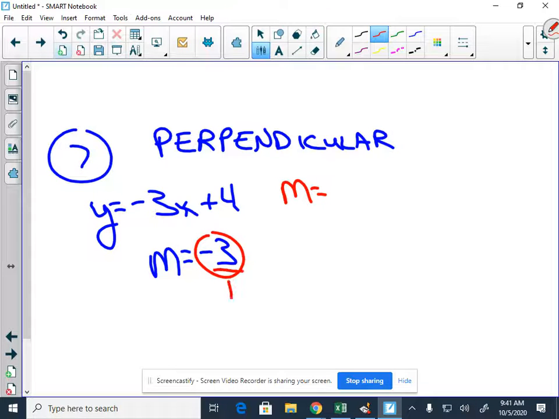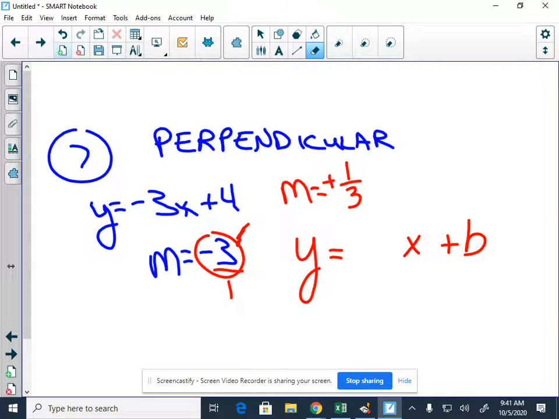What's the new slope? This would be negative 3/1. So what's the new slope? 1/3. Is it positive or negative? It's positive, because if this one's negative, then the other one has to be positive. Okay, now we're doing the same thing that we did last time.